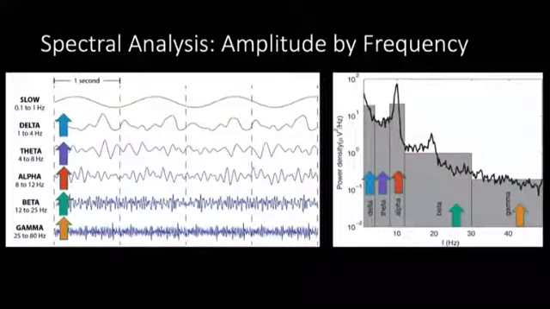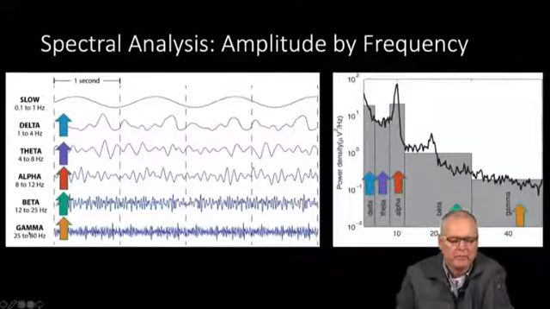If we take a look at the spectral analysis, and we look at amplitude by frequency, we might come up with the following plot. So this is that same figure from before that broke out the different frequency bins of the raw EEG. And let's assume that we're able to measure the amplitude of each one of these frequency bins, from delta all the way to gamma.